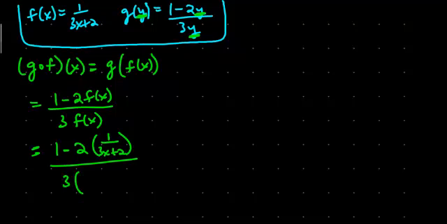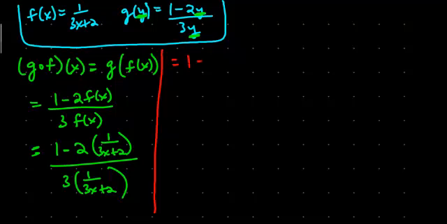So that's going to be 1 minus, let's let the negative carry with the 2 and multiply times that 1.